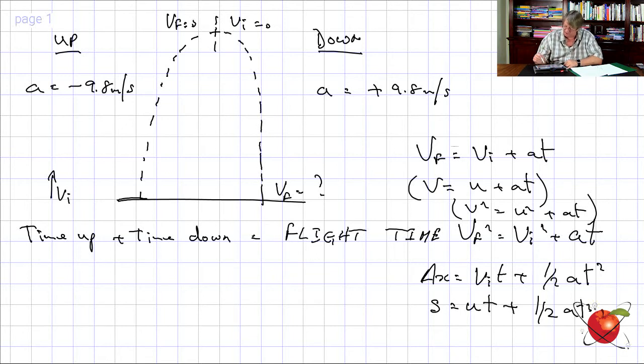Because, Kevin, not AT. Sorry, my bad. I'm just looking at this thinking, it's V squared equals U squared plus 2AS.